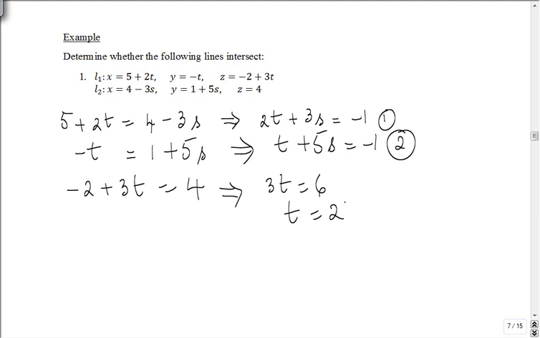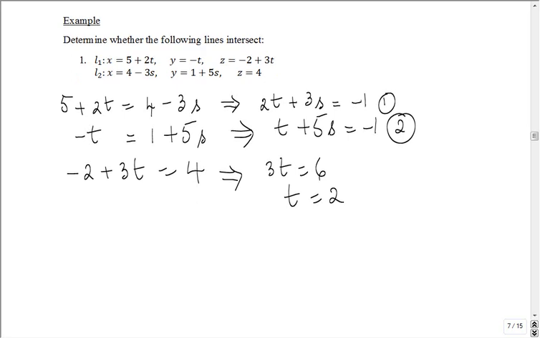Now take this value for t, put it into 1 and 2, and see if you get the same values for s. If you get the same values for s, then the lines intersect. If you do not get the same values, then the lines do not intersect, because s has to be unique, right? So substitute t equals 2 in 1 and 2.